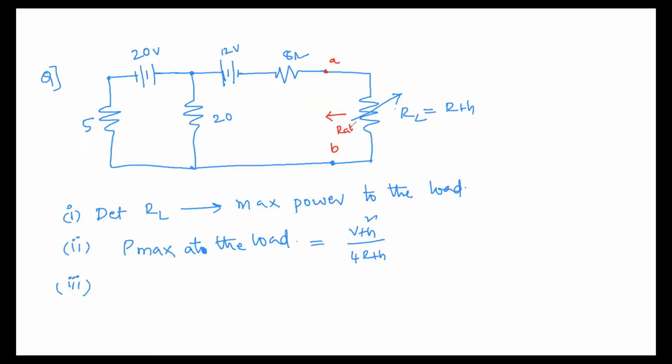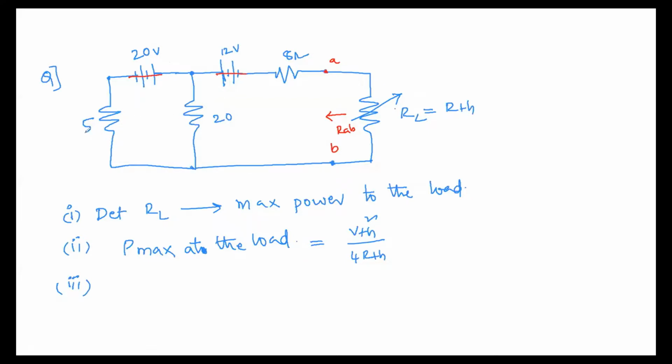While finding resistance RAB, first you have to short circuit all the voltage sources that are there. It can be negative, positive, doesn't matter. You short circuit all the sources.